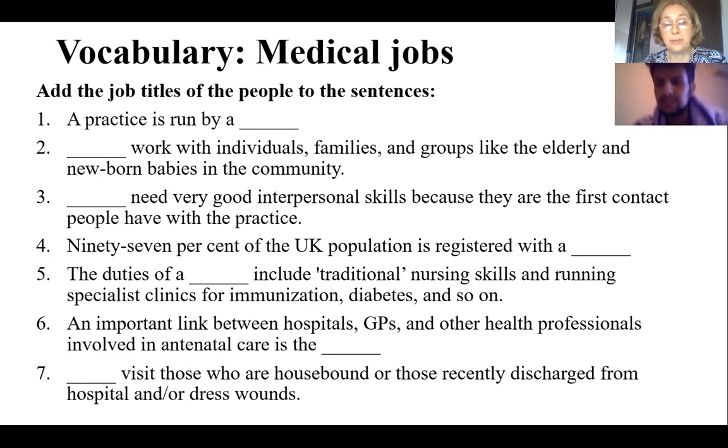Can you read sentence 5, Marwan, now, please? Sentence 5. Okay. The duties of... wait. This is vocabulary. What should I put here? One of the medical jobs. So you should wait, put the sentence first. Include traditional nursing skills and running specialty clinics for immunization, diabetes, and so on.